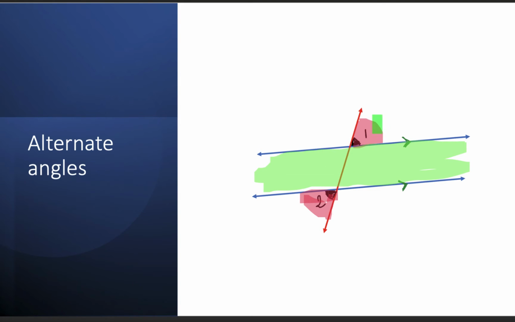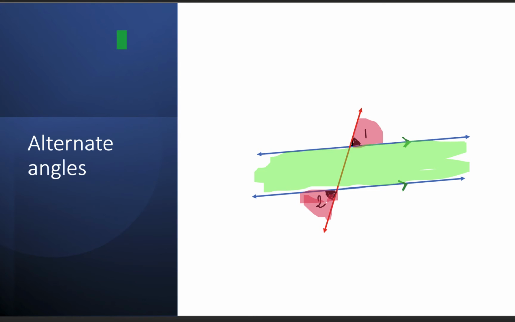So in this case, 1 and 2 are exterior to the two parallel lines, and they are alternate around the transversal red line. Okay, and these two angles are congruent, they have the same size.